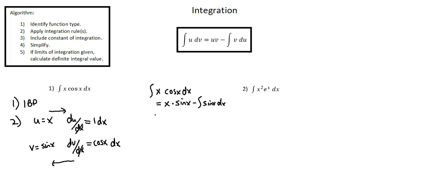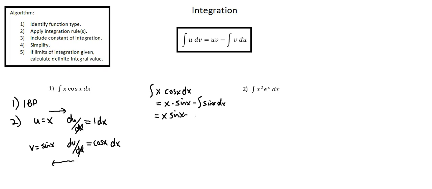And now we have an easier to work with integral than we had when we started. The new integral is simply the integral of one function, sine of x, as opposed to the integral of a product of two functions. So we have x sine x minus the integral of sine x with respect to x.